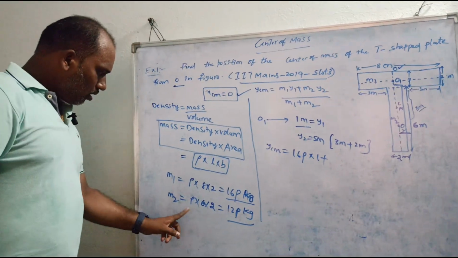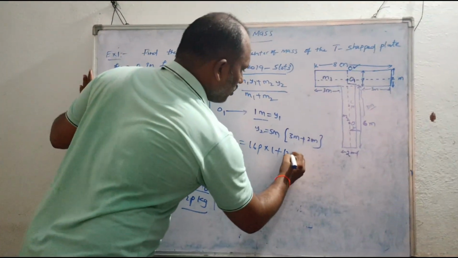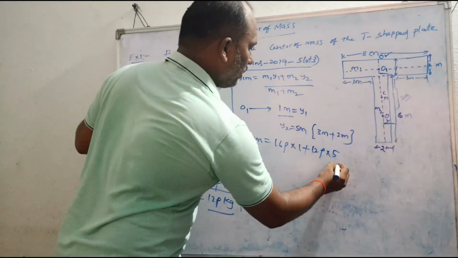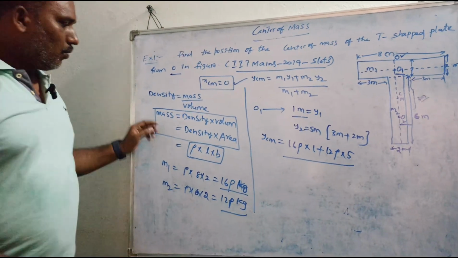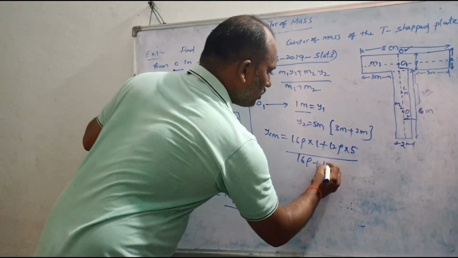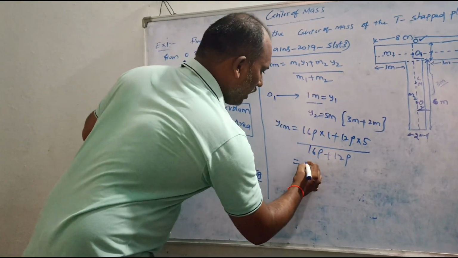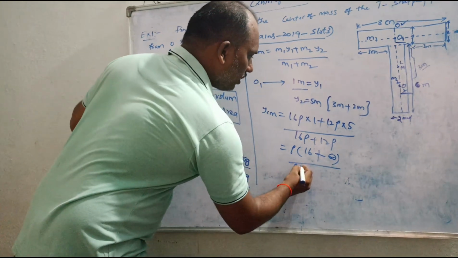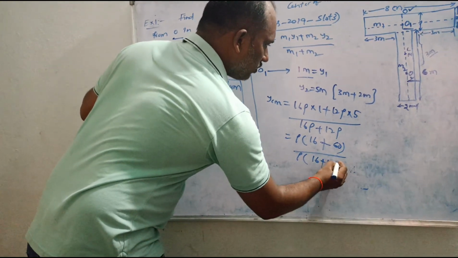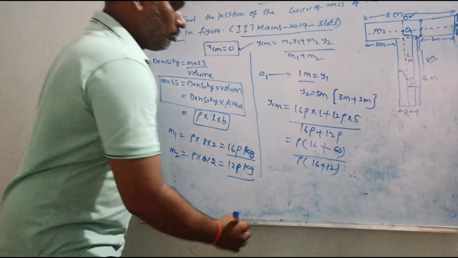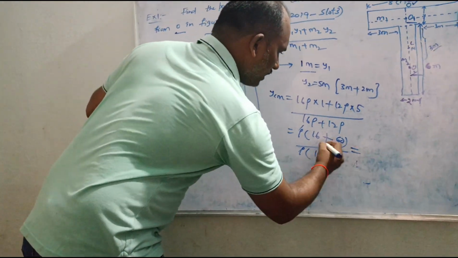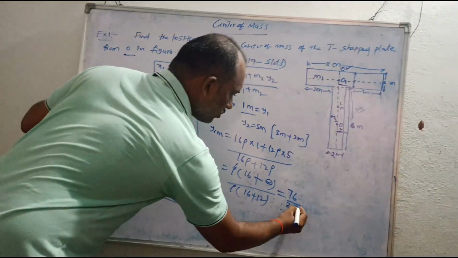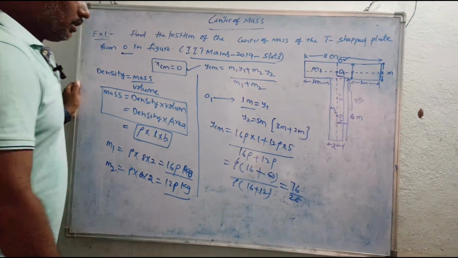Plus M2, 12 rho, into Y2, which is 5, divided by 16 rho plus 12 rho. Rho I am taking common: (16 plus 60) by (16 plus 12). Rho cancels. So I get 76 by 28.